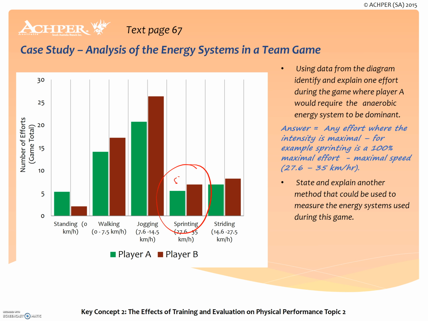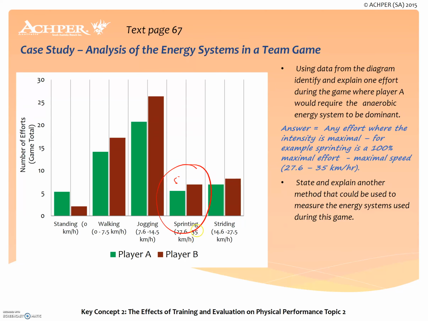State and explain another method that could be used to measure the energy systems used during this game. So have a think for a second. What could be used, or what's a method that could be used to measure the energy systems during this game? Could we measure it through heart rate? Could we measure it through the skill that is being performed and the intensity that requires to perform that skill?